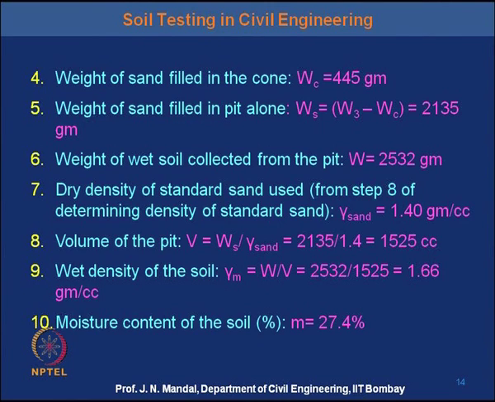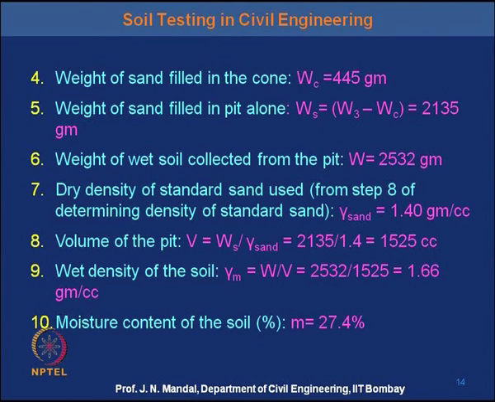The weight of the wet soil collected from the pit, that is W, is equal to 2532 gram. The dry density of the standard sand used, from the earlier step where we determined the density of the standard sand, gamma sand, is 1.40 gram per cc.